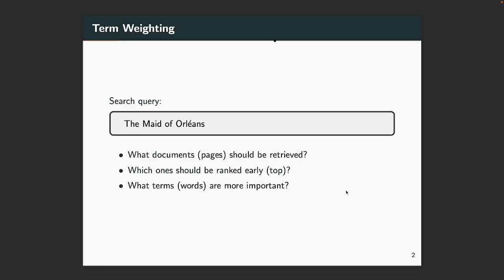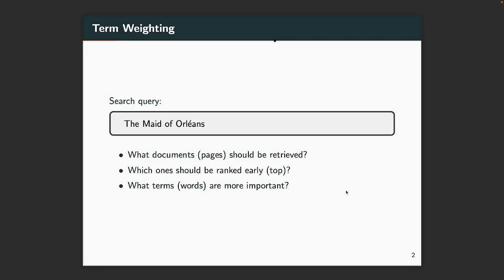Because think about this, you may find documents that contain lots of occurrences of the word the or of. But does having those words in the documents help you with the information that you are looking for?